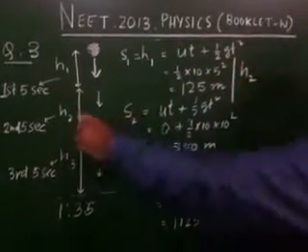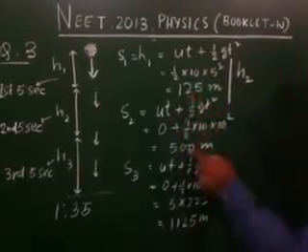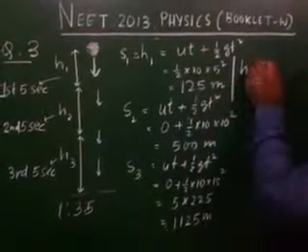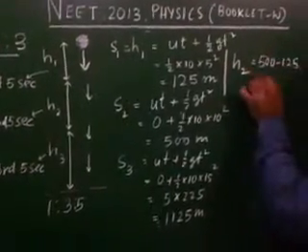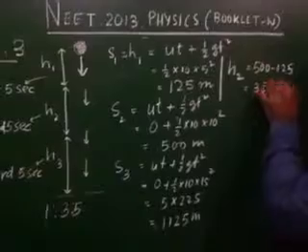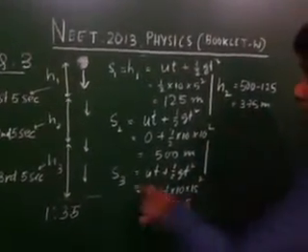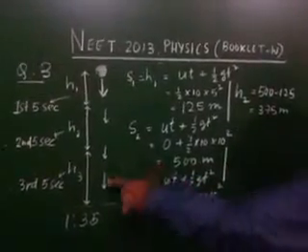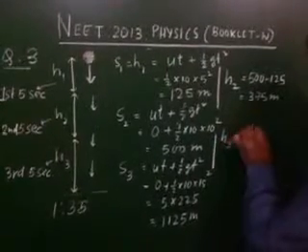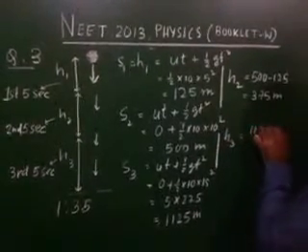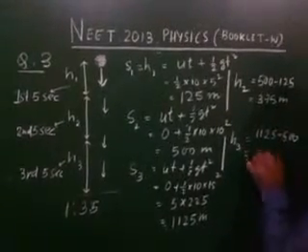Now you see here, h2 is the distance traveled in the second 5 seconds. That means this minus this, so 500 minus 125. This will be 375 meters. So in the second 5 seconds, the body will travel a distance of 375 meters. Similarly, in the third 5 seconds, h3 will be equal to 1125 minus 500, so the answer will be 625.